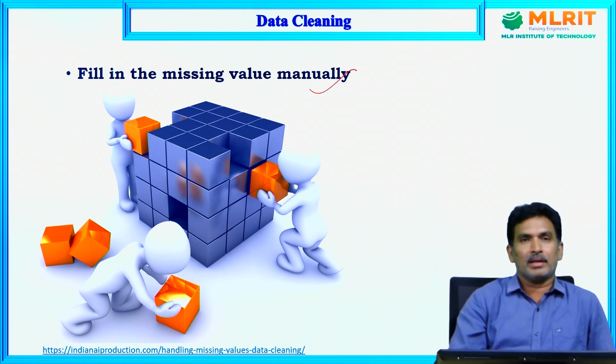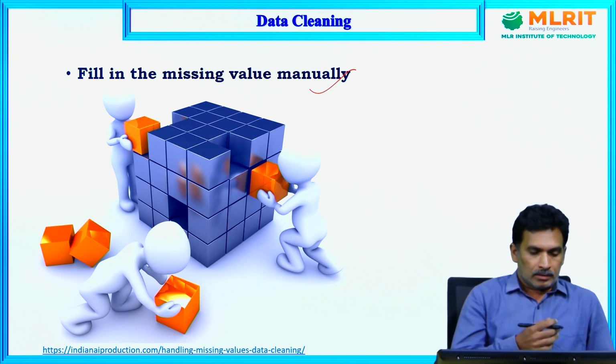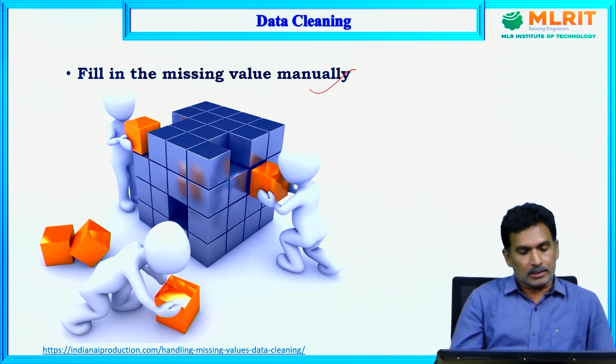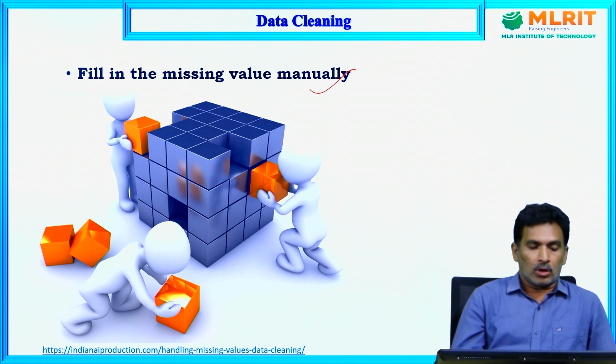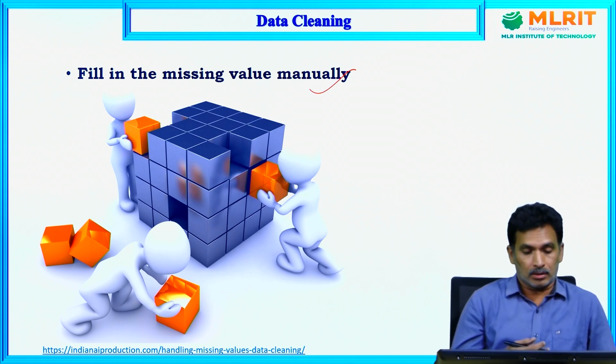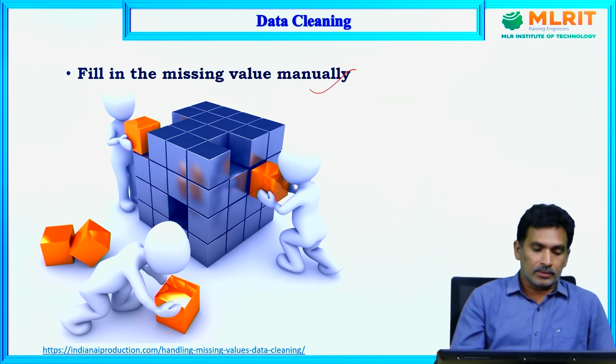Manual filling might be recommendable if your data set size is very small, but even then, approximation by human beings is not very accurate, so it would not be recommendable to fill the missing values manually.